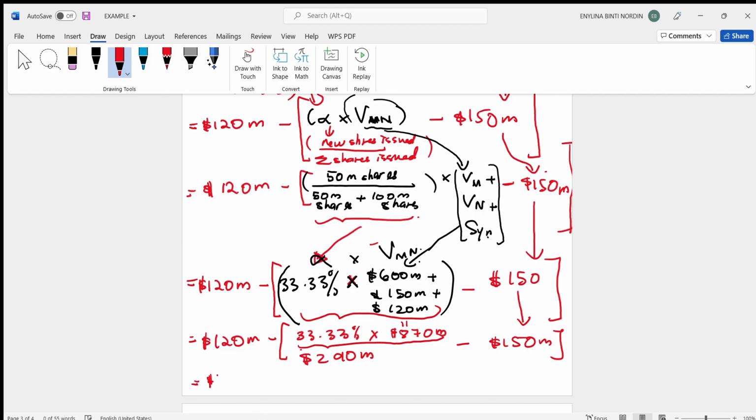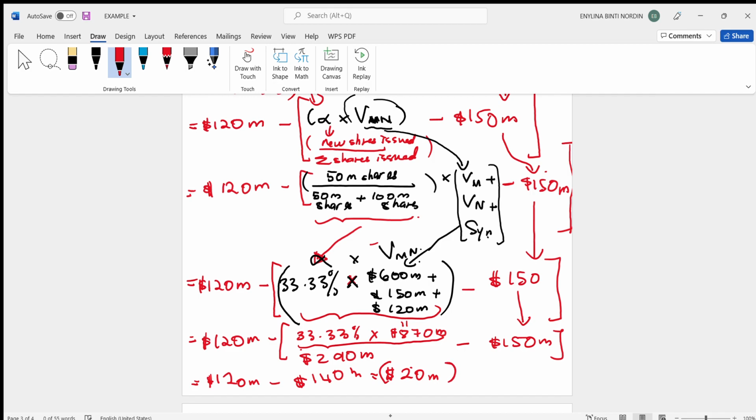Alright, so therefore, what is the premium then? Okay, so this is the synergy. You minus, now 290 minus 150. So you get the premium, which is the excess amount paid by M Berhad to N Berhad, but in the form of shares. So therefore, the NPV will be negative 20 million.